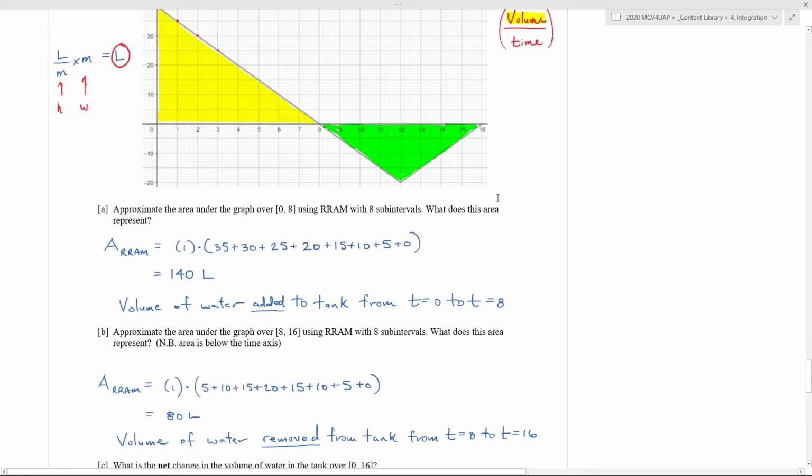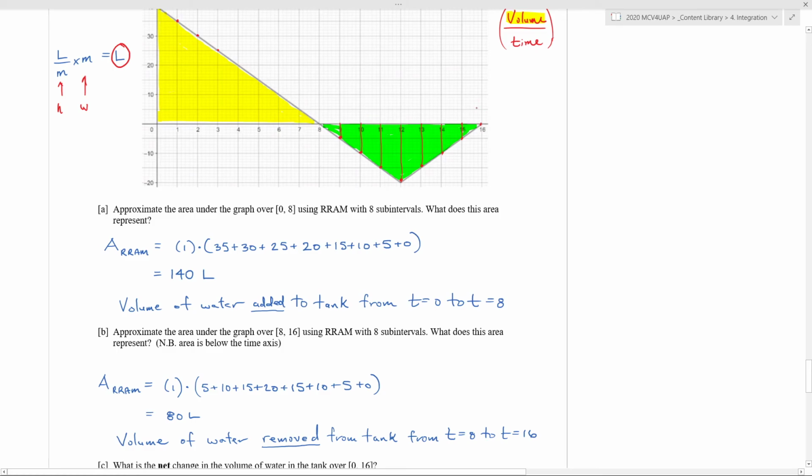So that would be a width of 1, and if I'm using RRAM, it would be here, which is 5, 10, 15, 20, 15 again, 10, 5, and 0.